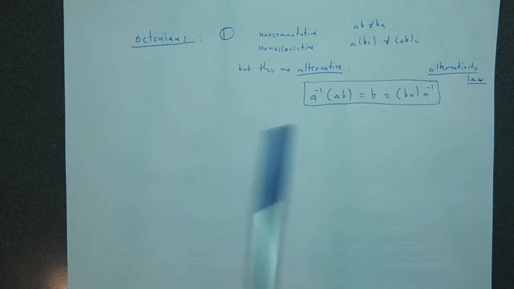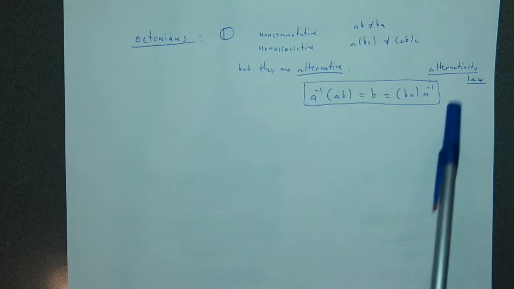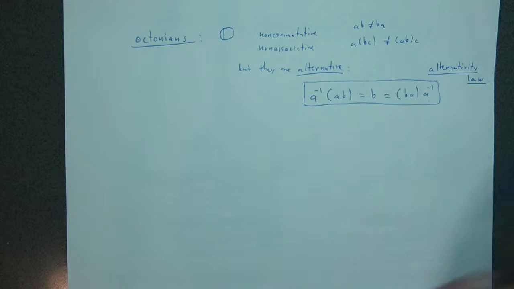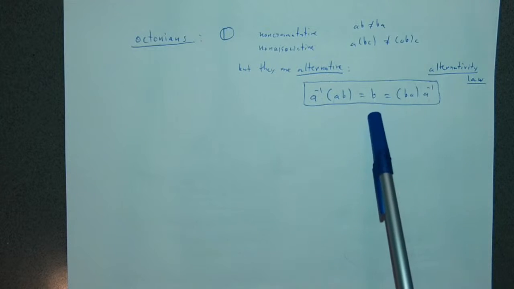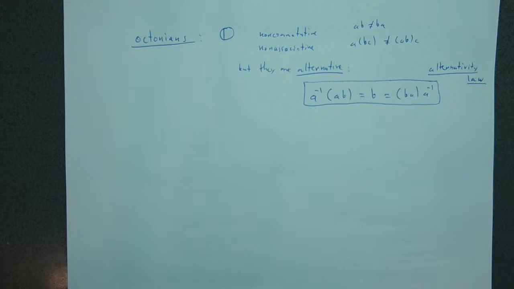But for every A and B in the Octonians, I have an inverse like this, an A inverse, and doing this multiplication this way, A inverse times AB is B, and that's also BA times A inverse. This is known as alternativity.